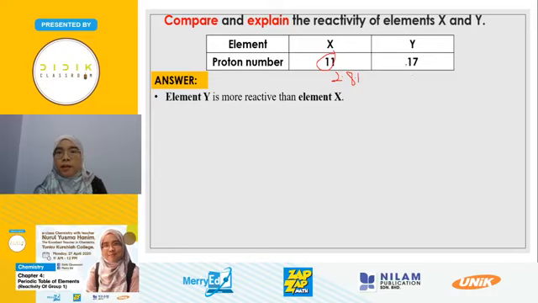Sorry, the proton number is 19, 2, 8, 8, 1. Of course, both element X and Y are in group 1, and X is located above Y. So in terms of reactivity, Y is more reactive.